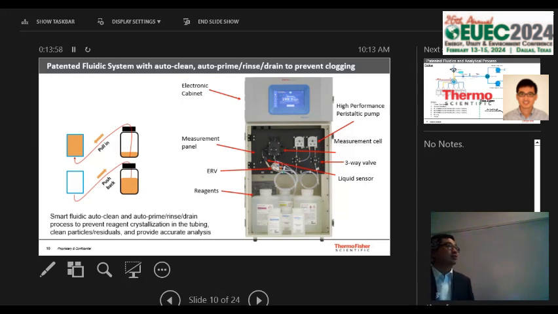After you are not analyzing for a few hours, you push the reagent back to the reagent bottle, so you don't have any reagent in the sample line when you are shut down for weeks or longer. So in this case, everything is safe, and when you restart, it starts auto cleaning, auto rinsing, and everything is back to normal. You don't need to worry about your analyzer not working anymore.